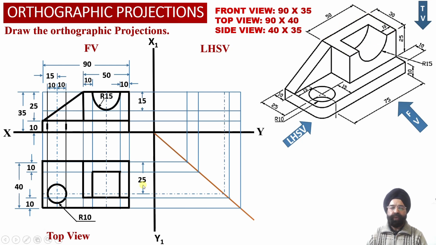So we can check this semicircular slot. It will be visible to the observer as a rectangular slot. We will not be able to observe the true shape projections corresponding to the semicircular slot in the top view projections.